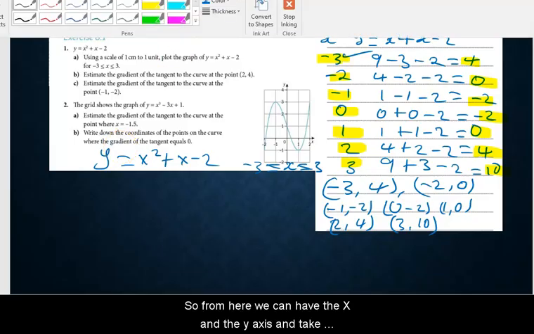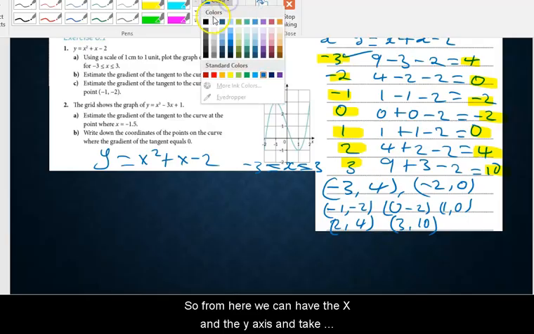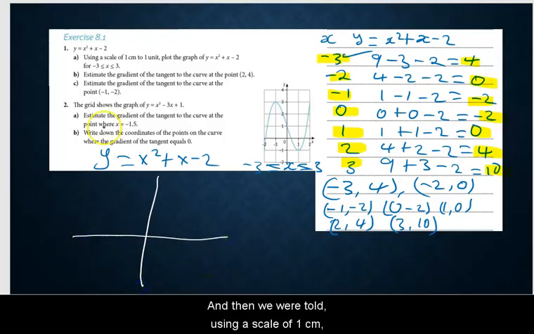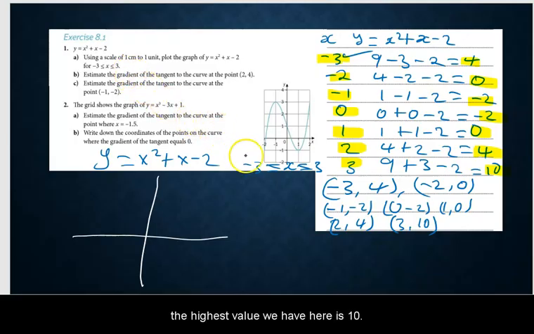So from here we can have the X and the Y axis. And take a white marker, and then we were told, using a scale of 1 centimeter, the highest value we have here is 10. So we can have this up to 10.